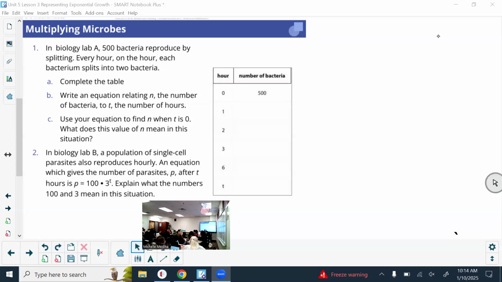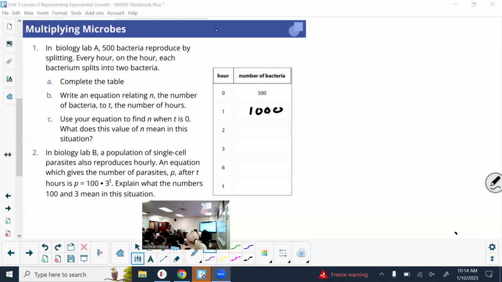So remember, the bacteria reproduces by splitting. So every hour on the hour, each bacterium splits into 2 bacteria. So table 6, if we started with 500, how many will we have after 1 hour? 1,000.